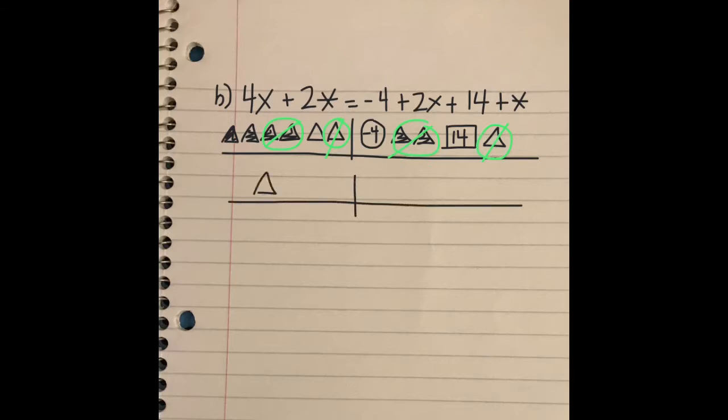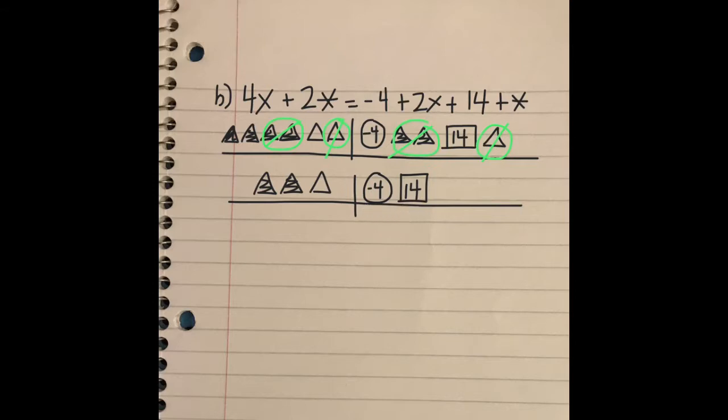So I've got 2 stars on the left, 2 x's and 1 star. And I've got -4 and positive 14 on the right. So what I notice again is that I've got a negative number and a positive number, and I know that I can make a zero pair. If I can get the opposite of -4 out of 14, I can make a zero pair and do some canceling.